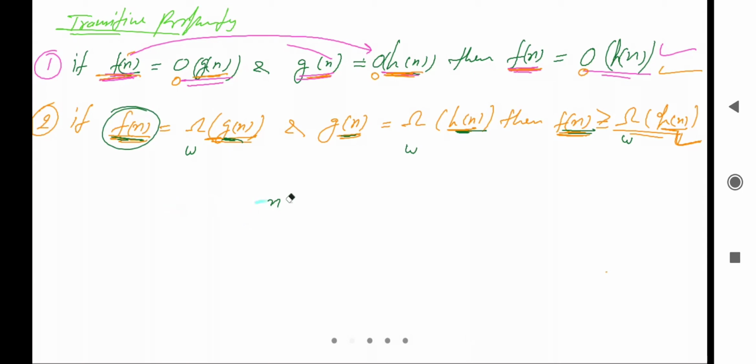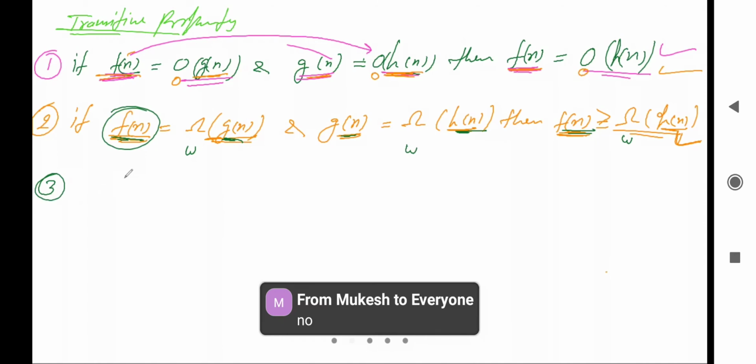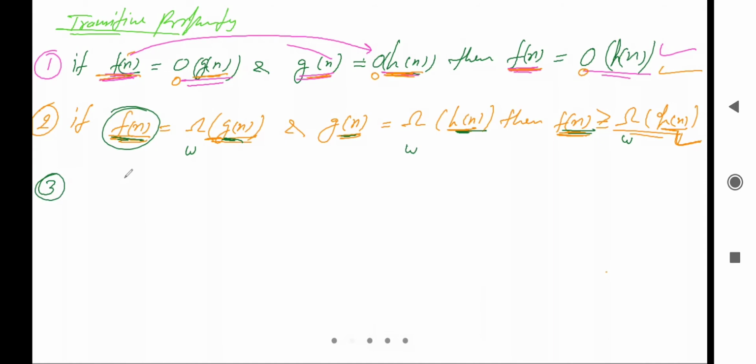What about theta notation? In case of theta, what will happen?